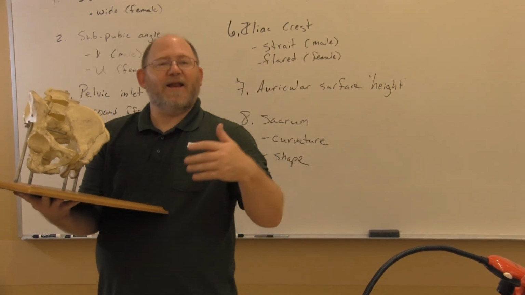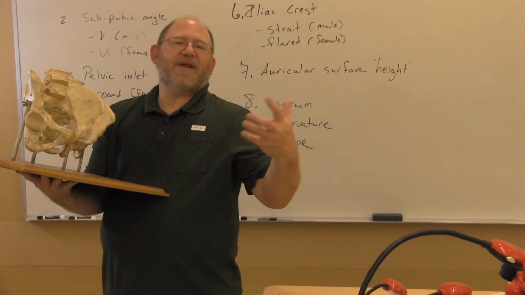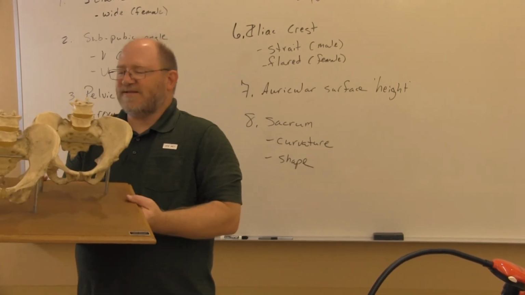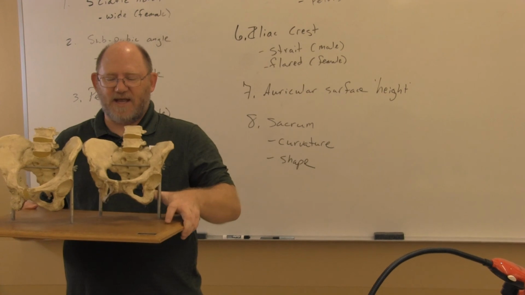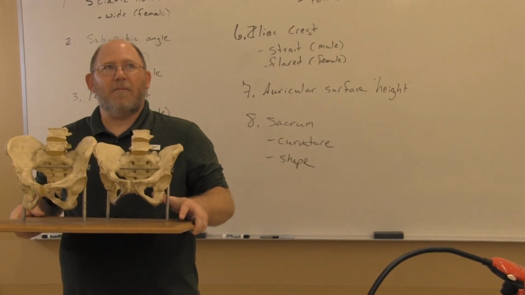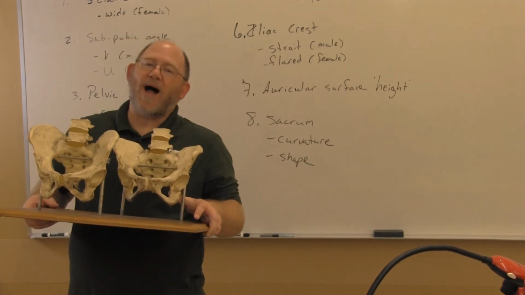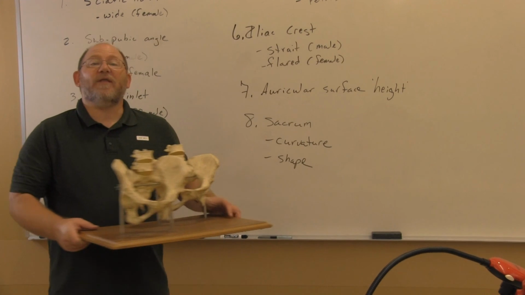Again, this is argued evolutionarily to be associated with an adaptation to giving birth to babies with big heads. The second characteristic that we pay attention to with the sacrum is how long it is compared to how wide it is, and that's the second part, shape.